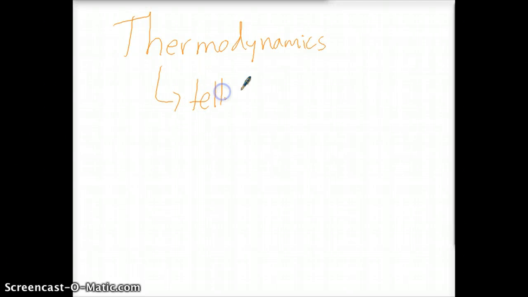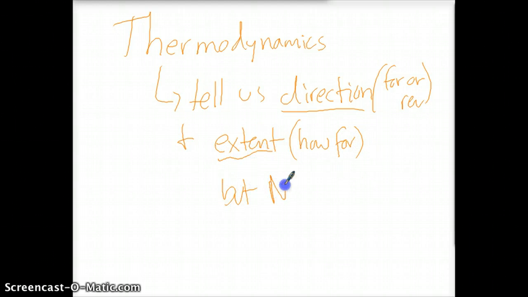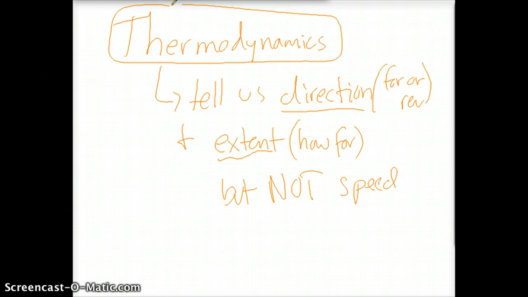Thermodynamics is going to tell us the direction, meaning forward or reverse, and extent, meaning how far a reaction goes, but not speed. So thermodynamics will not tell us anything about how fast a reaction will occur, but it will tell us what direction and how far it will occur, and we'll be exploring that over the next 2 weeks.